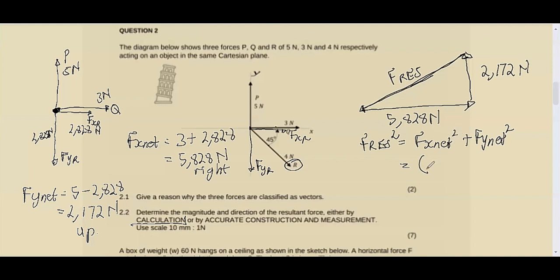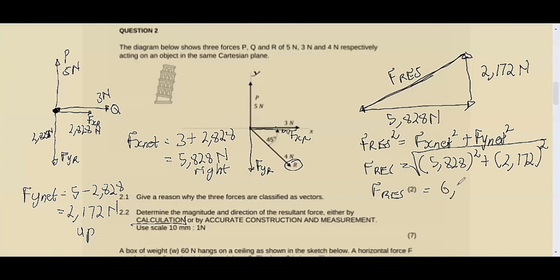My Fx net was 5.828, and then square that. My Fy net is 2.172, and then square, right? Then at this point I can just say my Fres, and then put all this inside a square root. Then when I punch all that, my Fres is supposed to be 6.22 newtons.